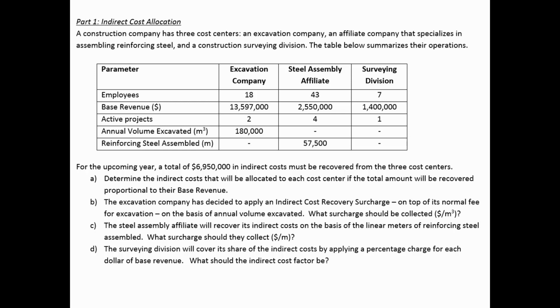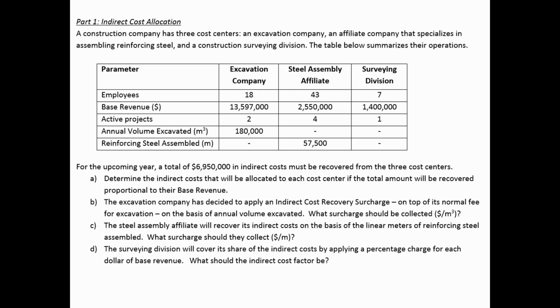We know how many employees they have. We know what their base revenue is. We've got the number of projects they're currently involved in and other data that's specific to the activity in question. For example, the excavation company, we know how much volume they've excavated. The steel assembly affiliate, we know how much reinforcing steel they've assembled.